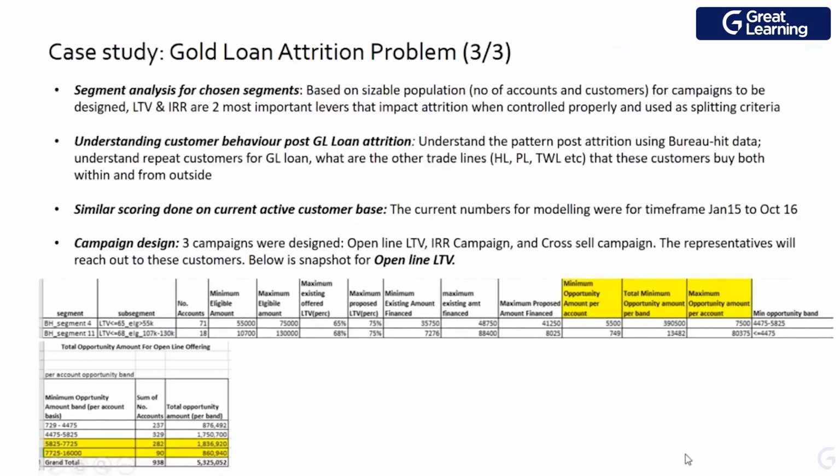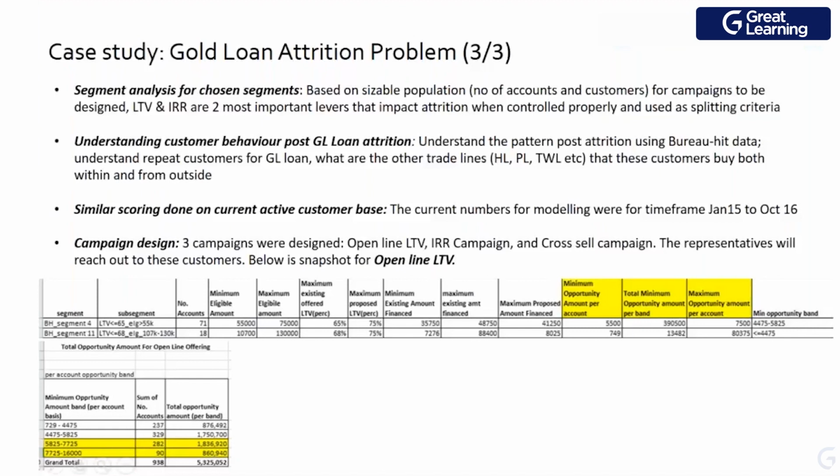So currently, this 35,750 is nothing but your 55,000 into 65%. If a customer has an LTV of 65 at the moment, 35,750 is the minimum that they will already have.